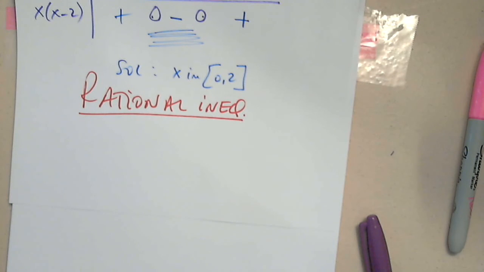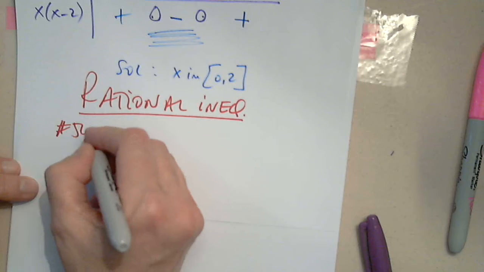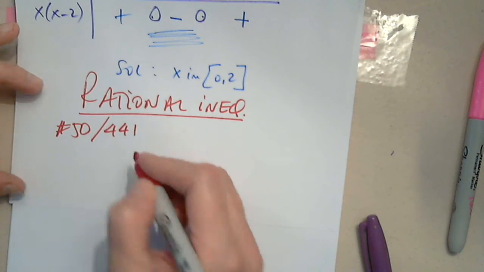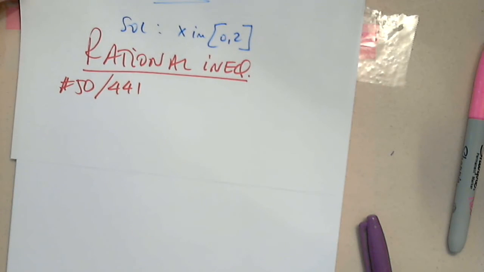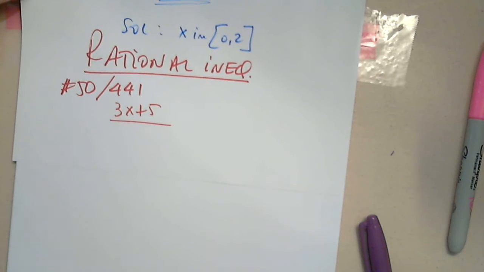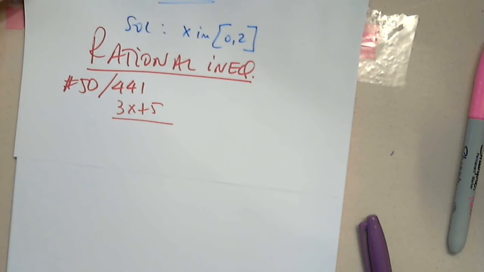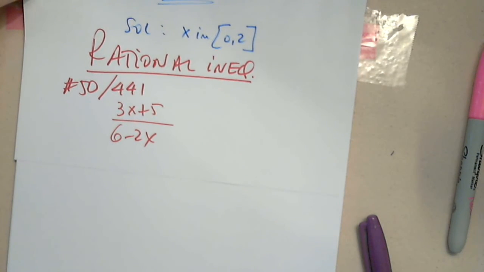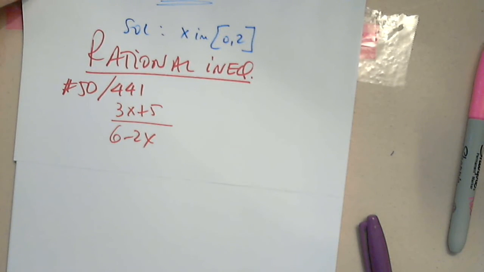Looking at 50. You can choose any problem. I just chose 50 for now, and then you can choose anything else. Okay, on 441, that is 3x plus 5, everything divided by 6 minus 2x, and they want greater than or equal to 0.